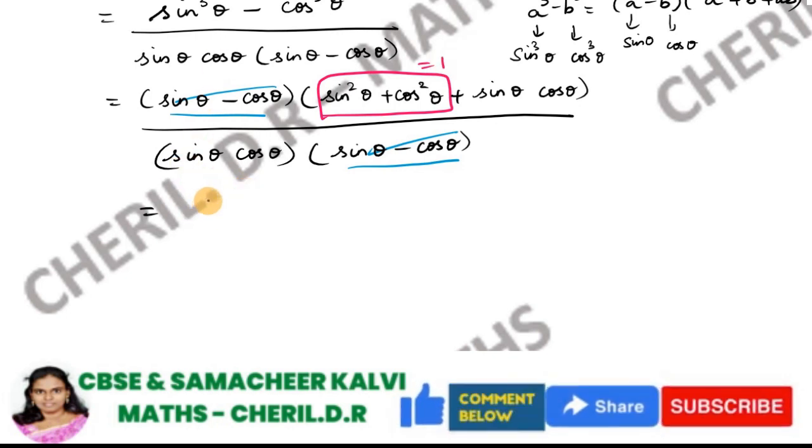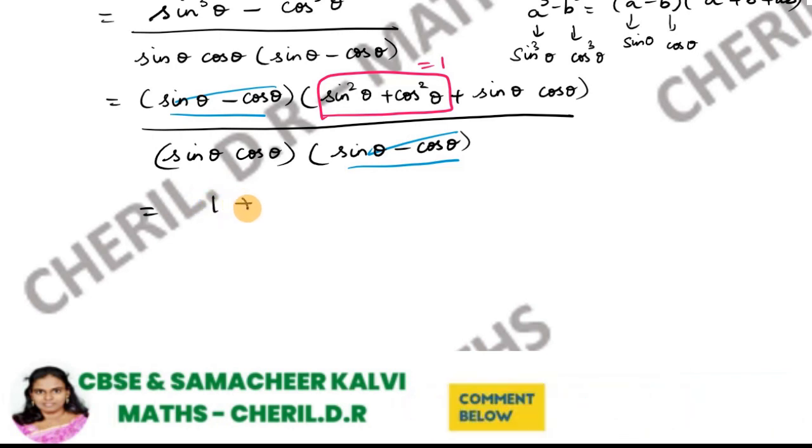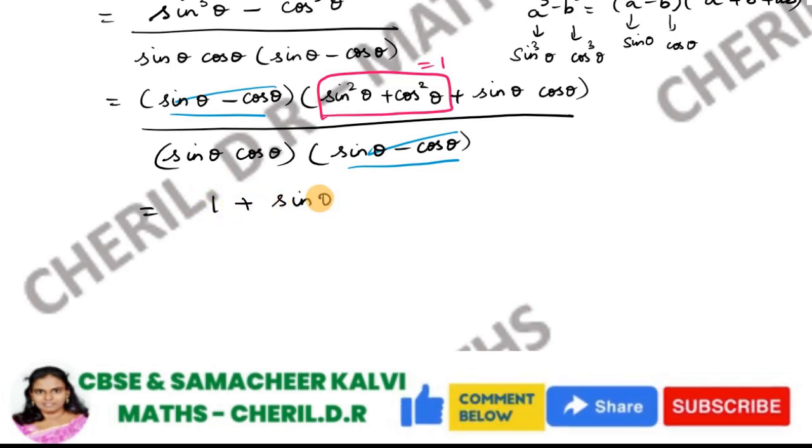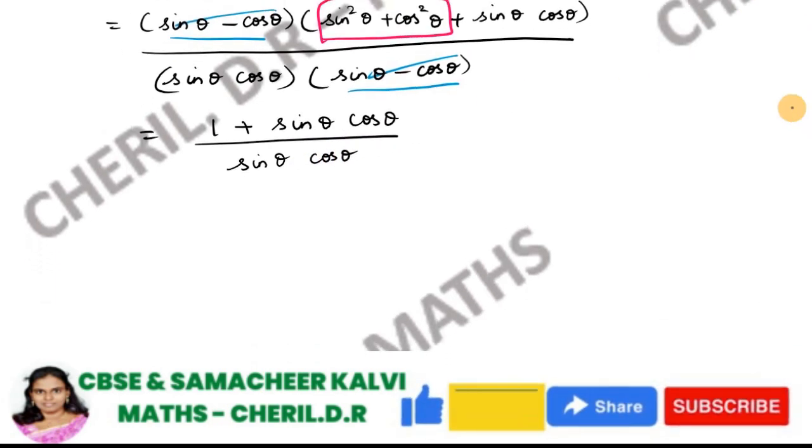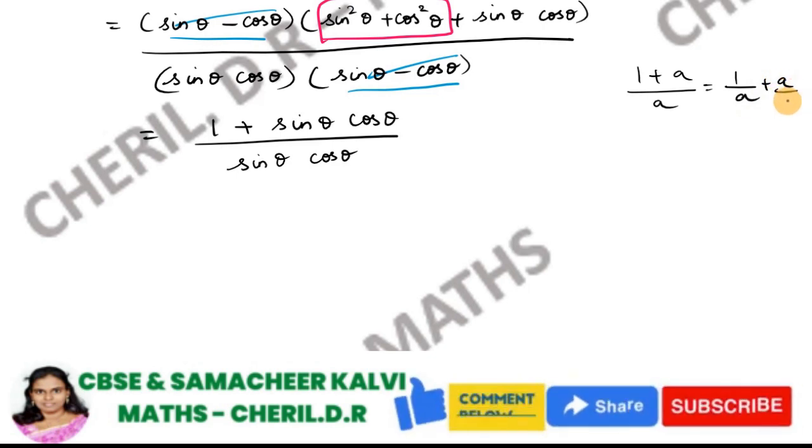So you will get 1 plus sin theta cos theta divided by sin theta cos theta. You know that sin theta cos theta belongs to both. So if you have 1 plus a by a, you can write it as 1 by a plus a by a. That is what we are going to do in the next step.